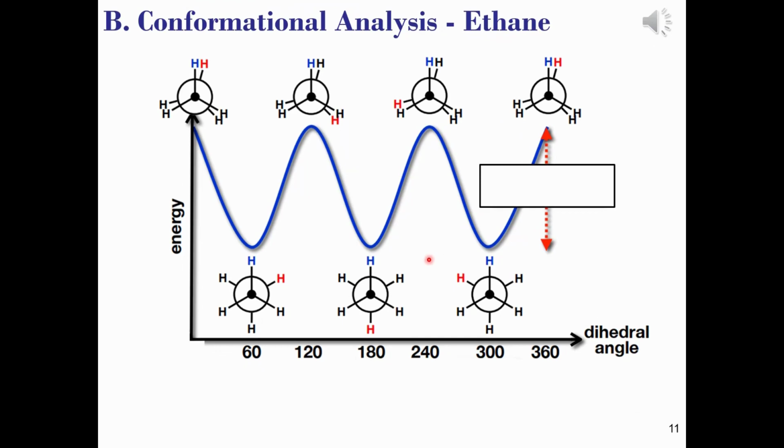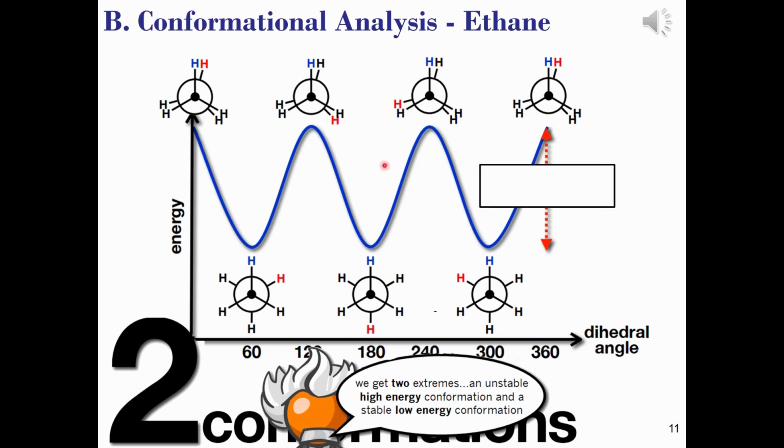Here is an energy profile that shows those successive 60-degree rotations of the front carbon of ethane. Now I've coloured the front hydrogen blue and the back hydrogen red so that you can keep track of these rotations. As we can see, there are only two conformations, and they have either a high energy conformation or a stable low energy conformation.